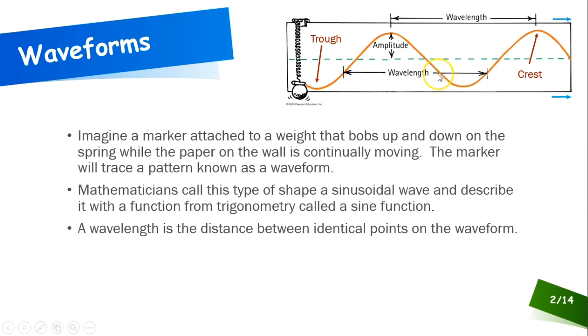When it comes back around and gets to this point, it's going in an upward motion. So this point and this point really aren't identical points on the waveform, because the marker is traveling in different directions. In order to be going back down, I have to continue to come all the way over here to this point. Now the marker's going down again.